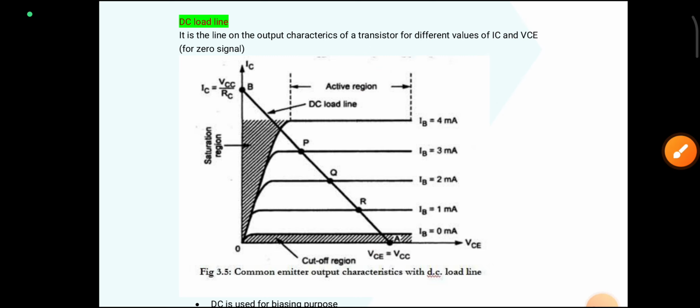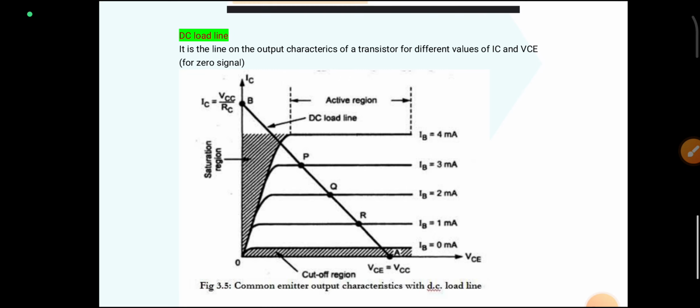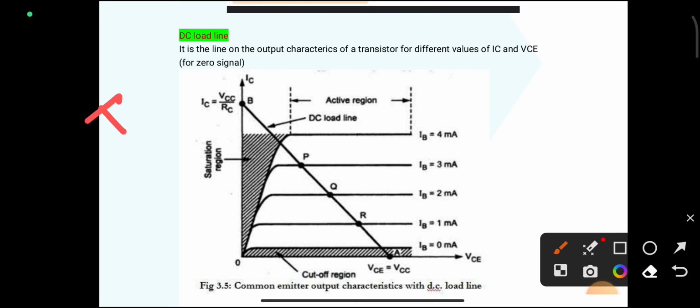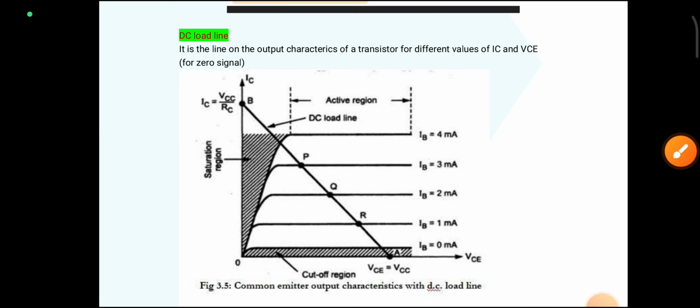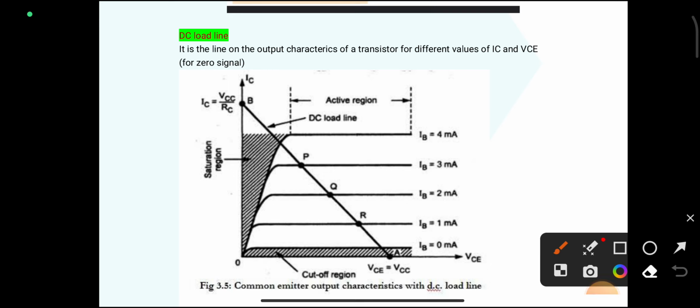In the relation IC is equal to VCC by (RC plus RE) minus VCE divided by (RC plus RE), when IC is equal to 0, then VCC is equal to VCE. So at this point you can see VCE is equal to VCC. This point lies in the cutoff region.